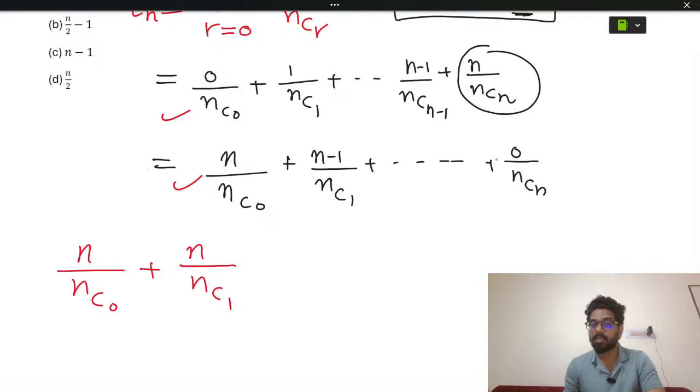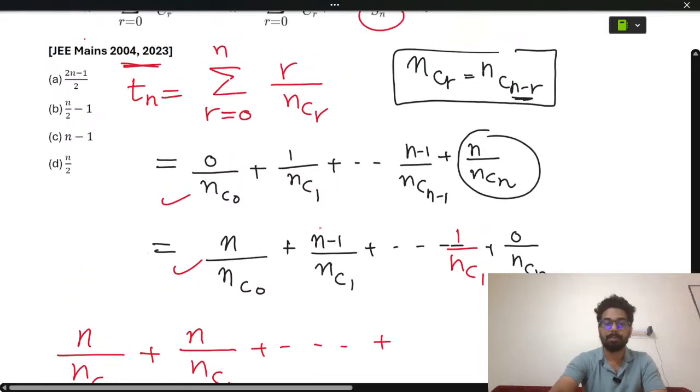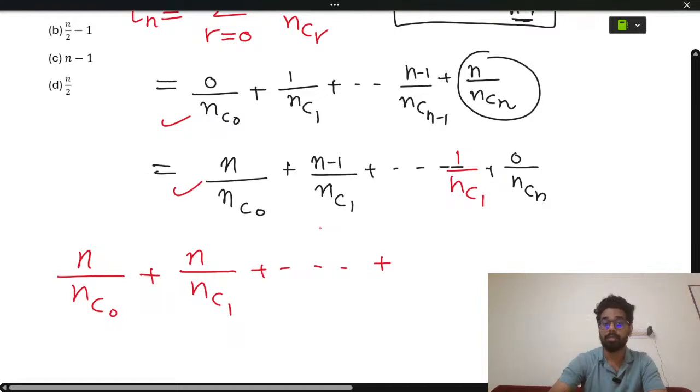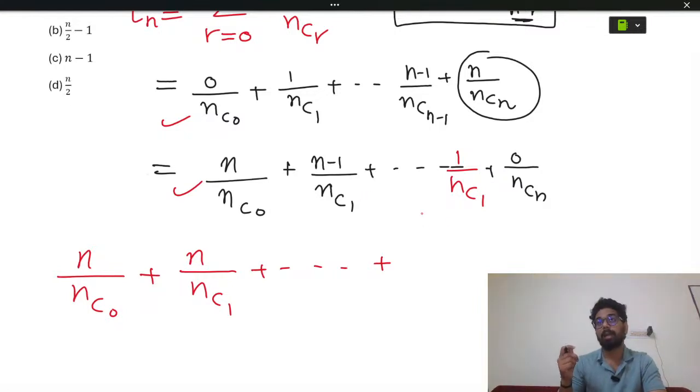In the same way, n plus 0, here you will have n upon nC1. I was thinking that I should create a constant in the numerator, and that is only possible because I was writing n minus r. So r was a variable, but I have to eliminate r, which I can only do if I add n minus r with r. Okay. So this becomes n upon nCn.